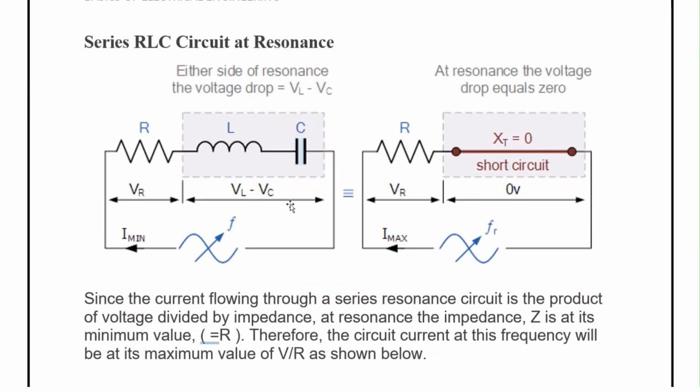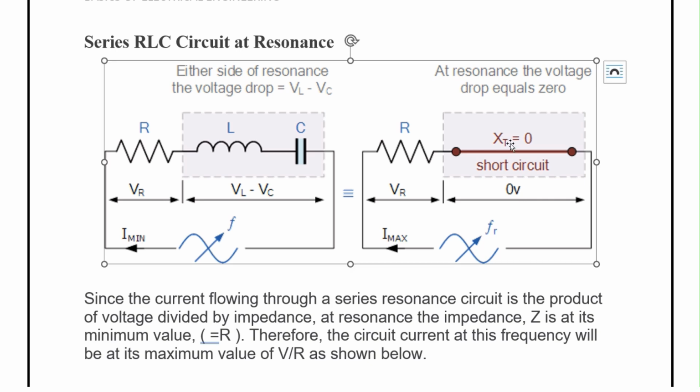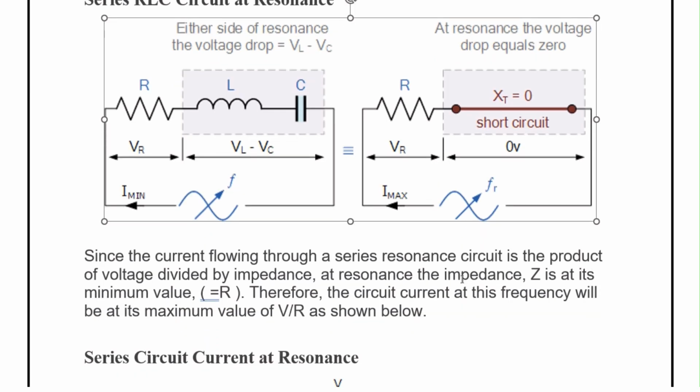So here it is noteworthy that these two voltages across the inductance and the capacitance cancel each other, and this behaves like a short circuit, as if these two elements are not existing, rather there is a short circuit between them. It has been shown here in another picture that this is just like a short circuit.